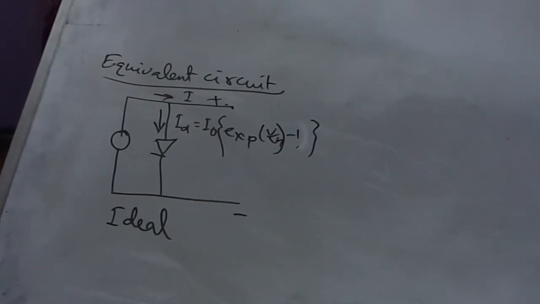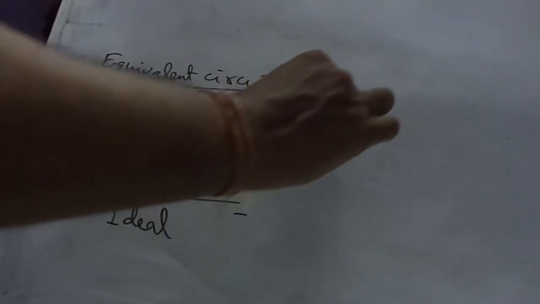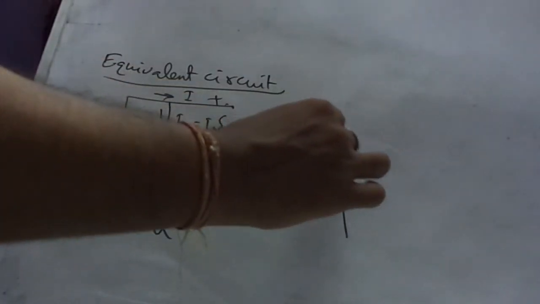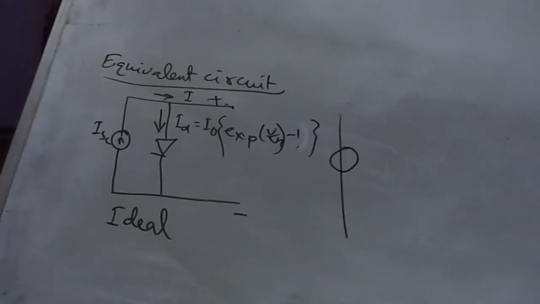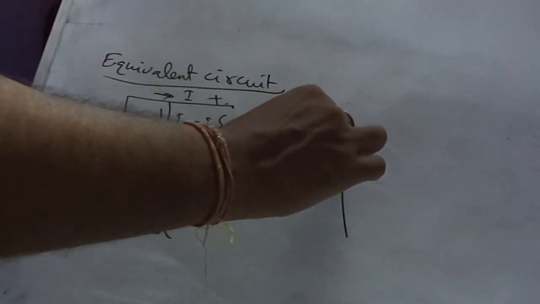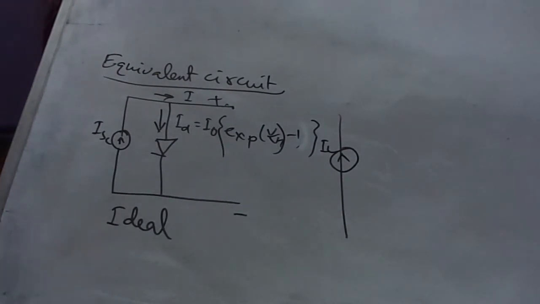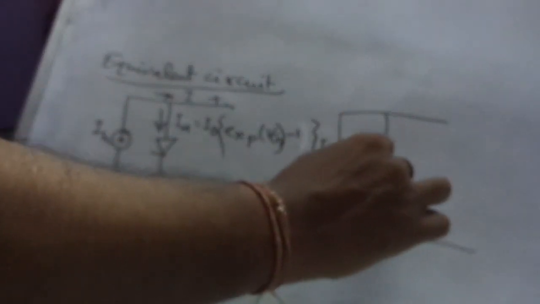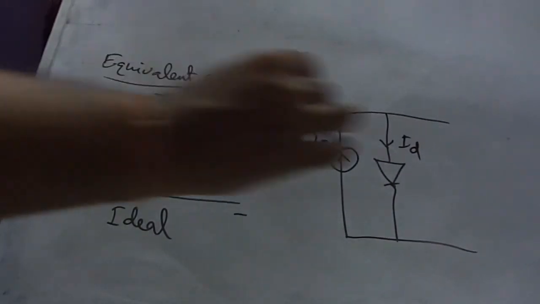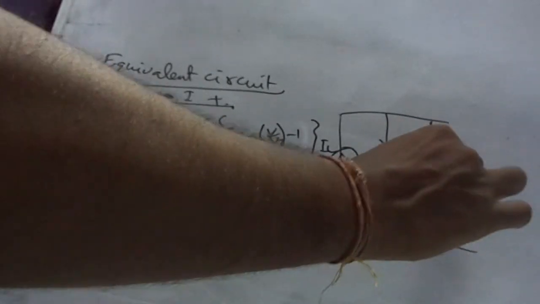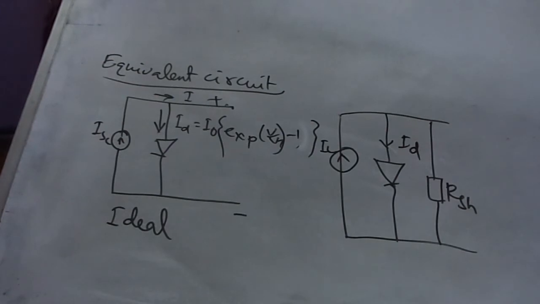If you draw the practical circuit, that is the ISC, IL, ID, RSH, and RS.